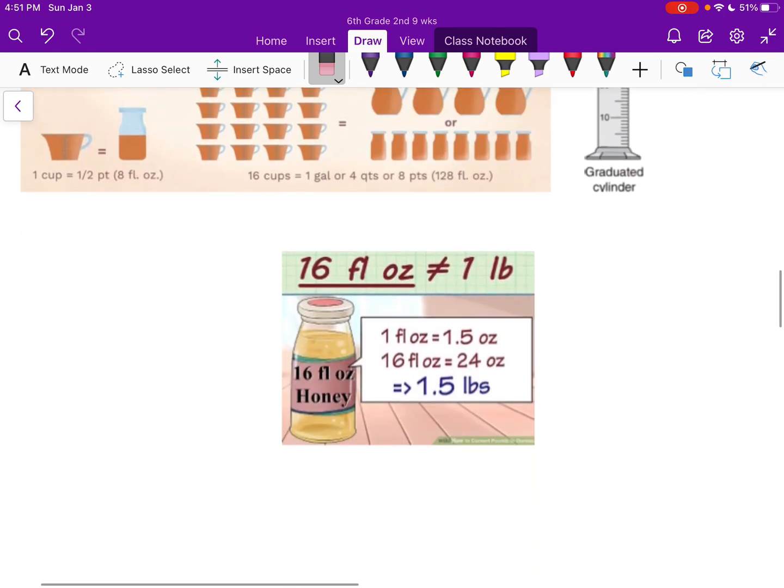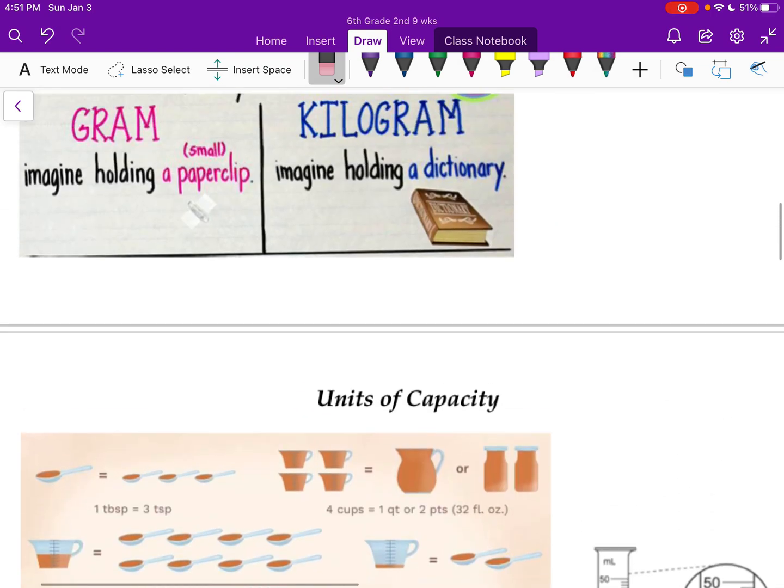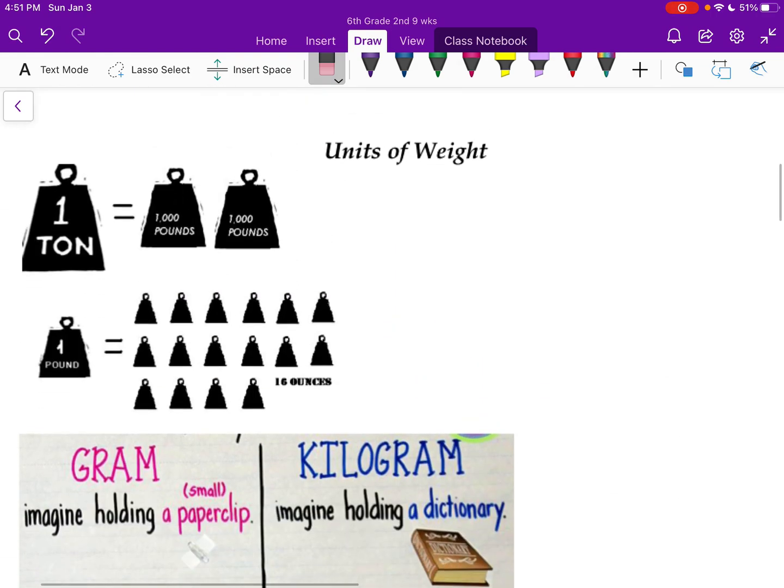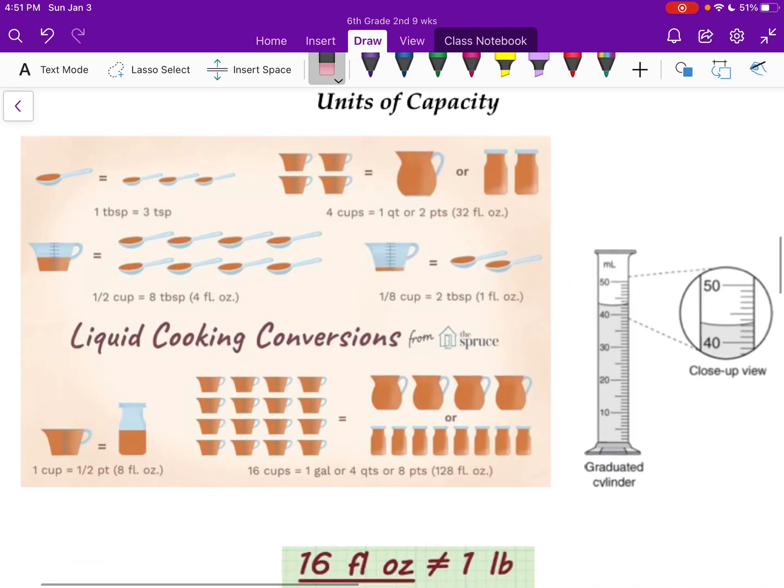Some kids get confused because up here we talked about 16 ounces being 1 pound. Well, 2 cups would be 16 fluid ounces, but 2 cups does not equal a pound, because different things have different weight.